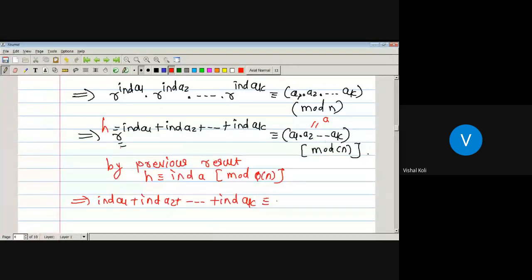So index of A1 into A2 into up to so on AK modulo phi of N. And I think that is what we have to prove, and hence the required result.